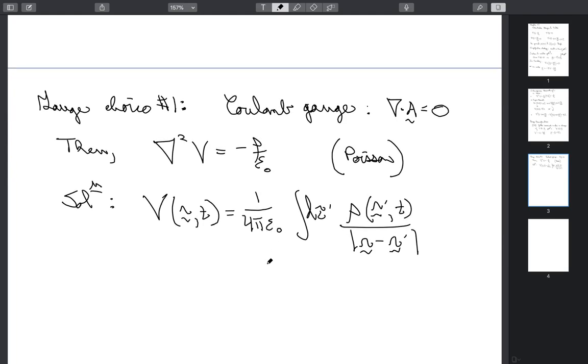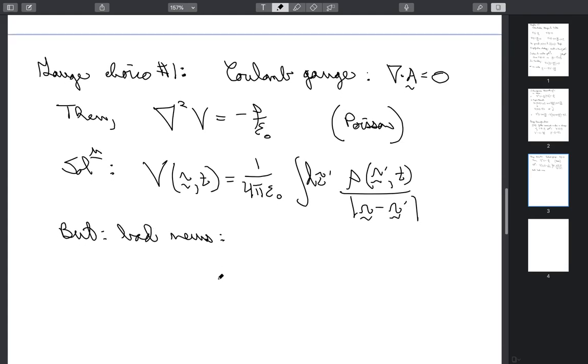So Gauss looks very simple in this gauge choice. But the bad news is, of course, pushed into the equation for the vector potential.